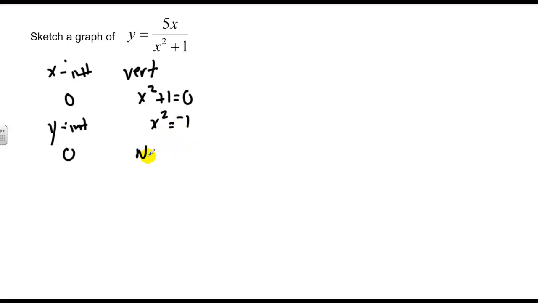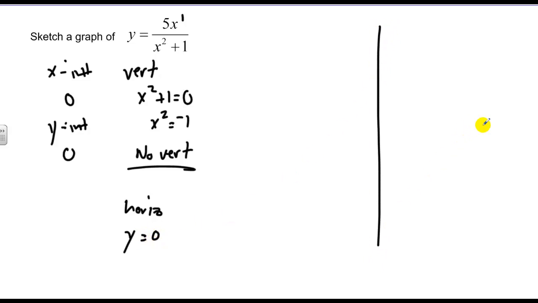So there are no vertical asymptotes. Horizontal, I will have one of these because degree of the numerator is less than the degree of the denominator, so I get y equals 0. Let's take and sketch this, see what it looks like. No vertical asymptotes, horizontal asymptote at y equals 0, so that's this axis here.